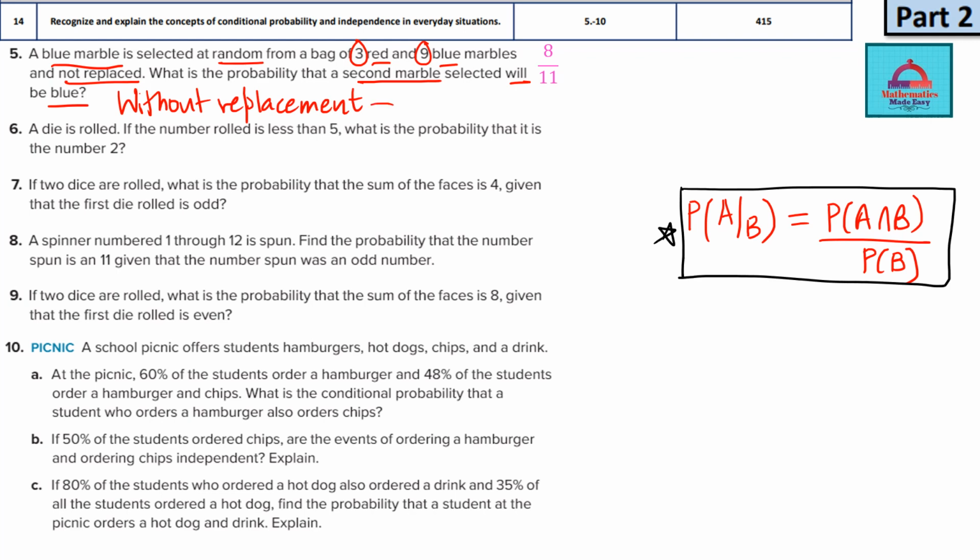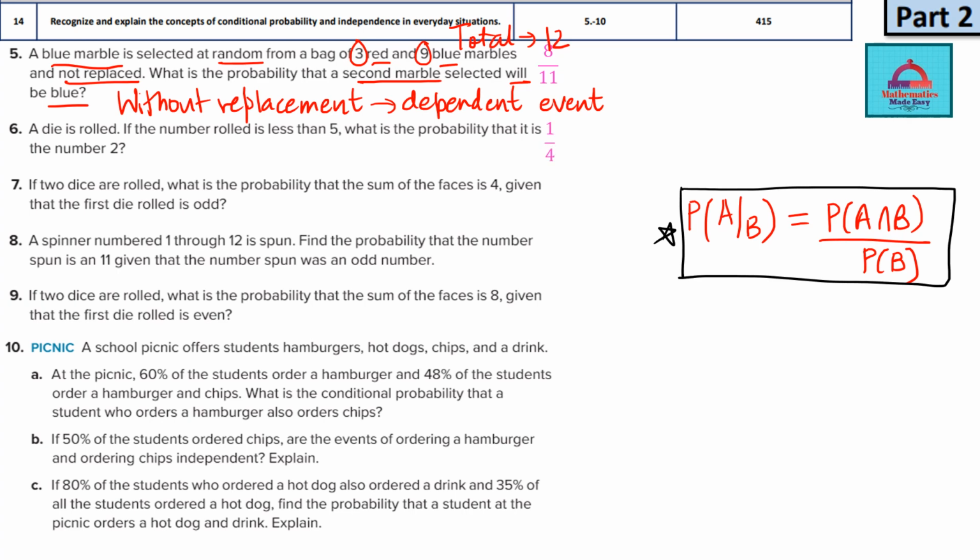So always we are going to get dependent events, and the formula we are going to use is conditional probability. So here we have to find what is the probability that the second marble selected will be blue. So how many total marbles are there? Let's calculate that first so that we can then solve the question.